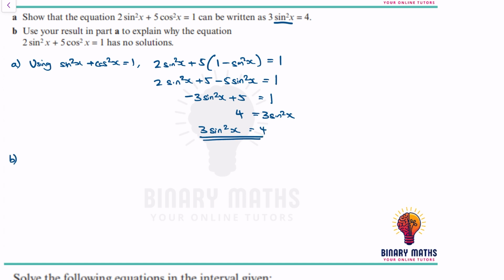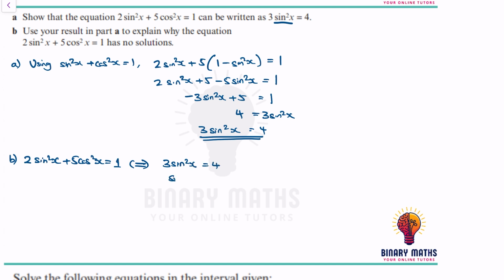B. Using your result in part A, explain why the equation 2 sine squared x plus 5 cos squared x is equal to 1 has no solution. Because we're using a result from the beginning, solving 2 sine squared x plus 5 cos squared x is equal to 1 is the same thing as solving 3 sine squared x is equal to 4.